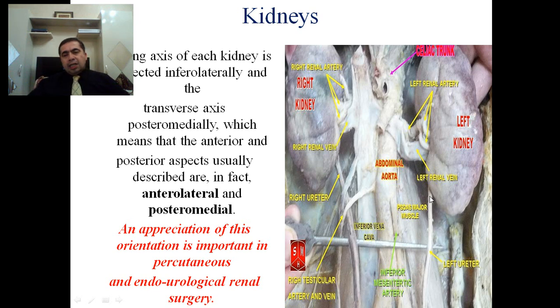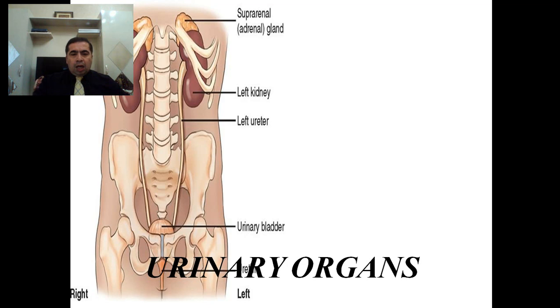Like the kidneys, the ureters also are retroperitoneal organs. The urinary organs are also shown here: the paired kidneys, paired ureters, and urinary bladder. On the superior pole of each kidney, we can observe the corresponding suprarenal or adrenal glands. They are very important endocrine organs.